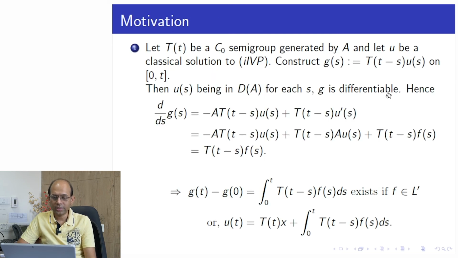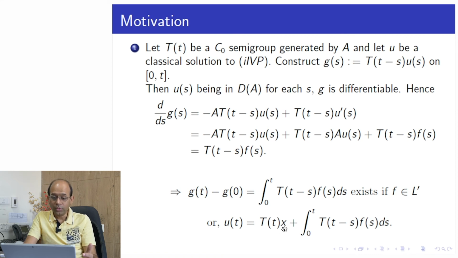And in this derivation, we have clarified that this formula is actually for the solution, because u was taken to be the classical solution. So if the IVP has a classical solution and the operator which appears on the right hand side generates a C0 semigroup, then the classical solution has this expression.